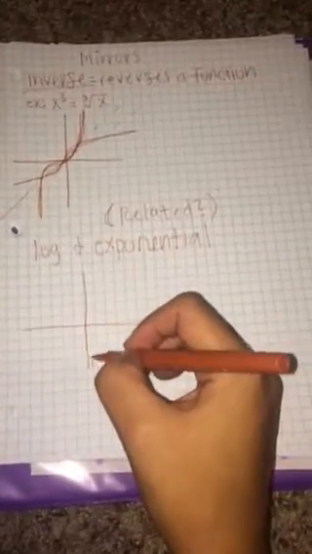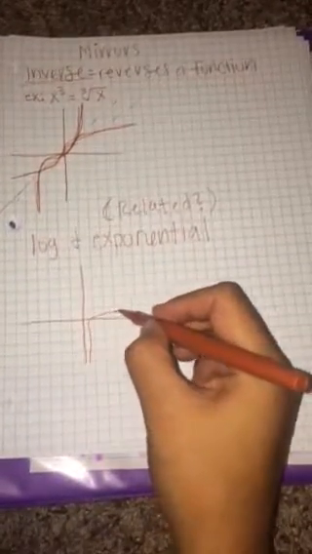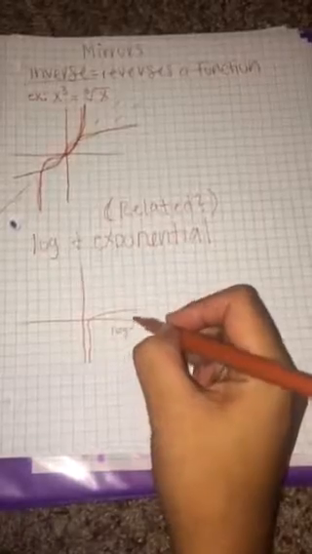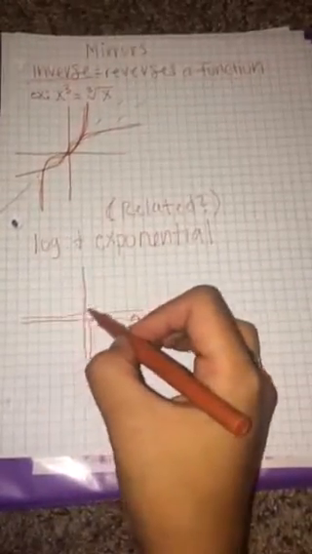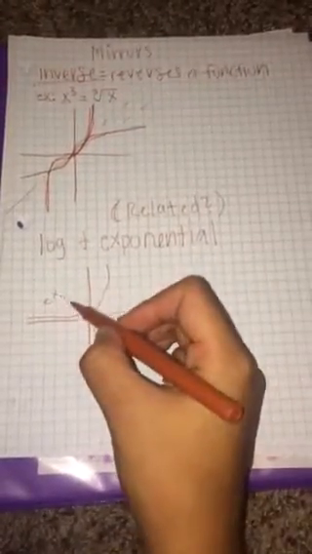The only way to see how they are related is by graphing them so that we can see how their graphs look like, and that way we can see what their relation is. So if we were to graph log, this one would have been log. If we were to graph the exponential function, this one would have been e to the x, the exponential function.